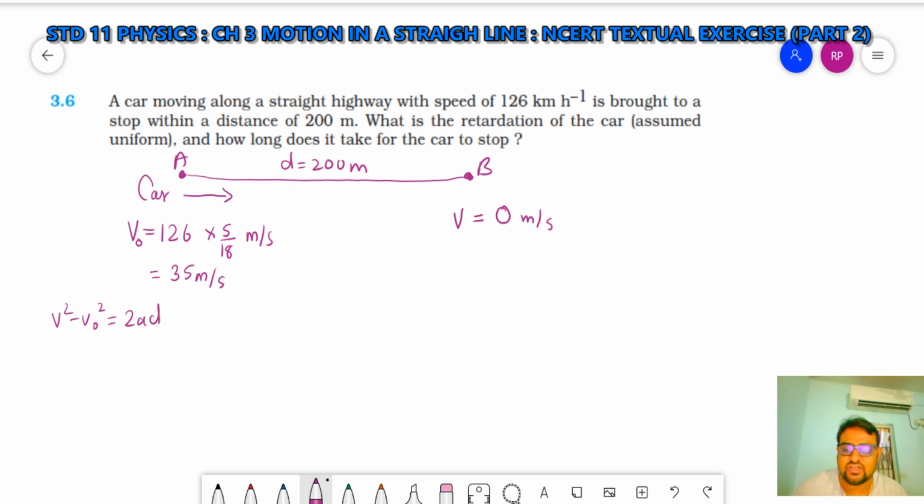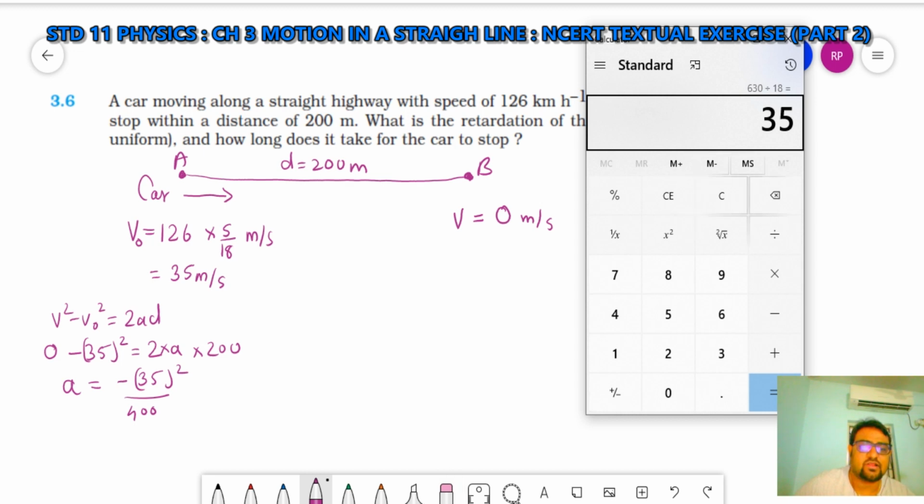What is the final velocity? 0 minus initial velocity 35 square equal to 2 into a into the distance, 200. Clear? So a is equal to minus 35 square upon 400.